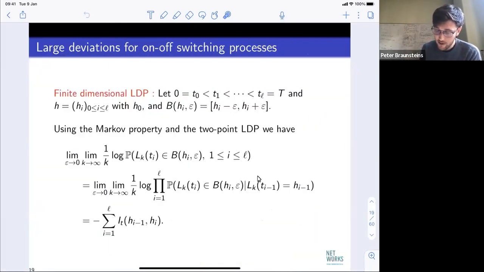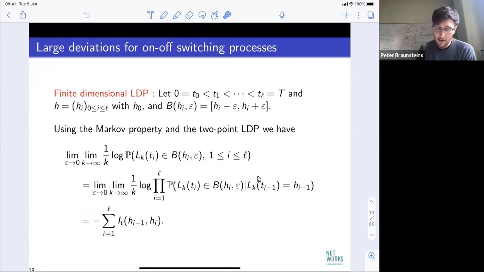Instead of it being given that we're in a small ball around this value, we can just take it to be equal to this value, at which point we're just using our 2-point large deviation principle and the Markov property to get to this result.